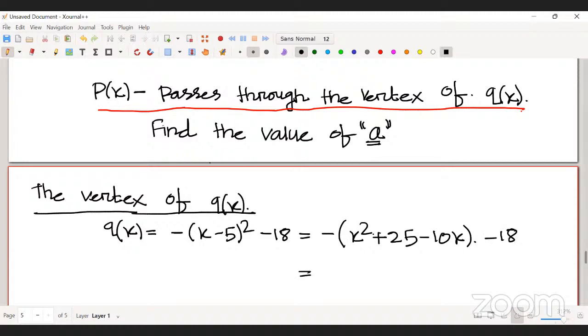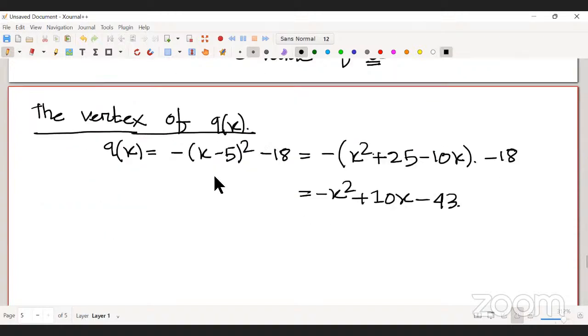If I take the negative sign inside, what I will get is minus x square plus 10x, minus 25 minus 18, which is minus 43, right? So this is the polynomial Q of x.